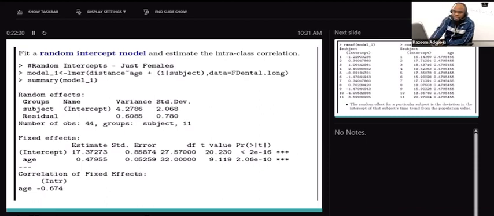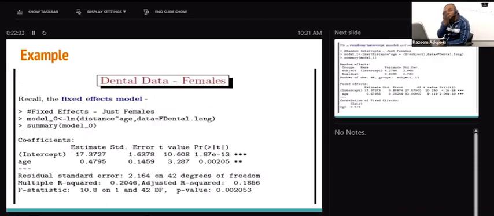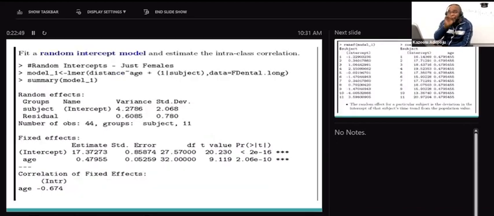But the other model is assuming independence, and we know there's nothing like independence here, because the participants were visited on more than one occasion. That was why we are now assuming a random intercept, a random effect for female, for the subject.